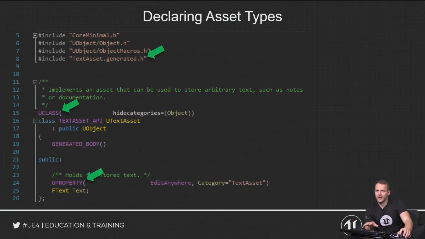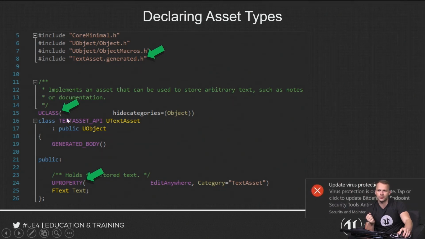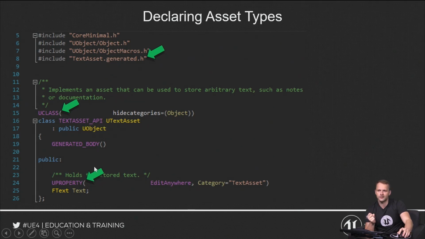So then we add some other macros to this class declaration, and this is what provides these more modern features that I mentioned earlier. The UCLASS macro tells the Unreal Build Tool that this class is a UObject-based class that needs to be parsed.